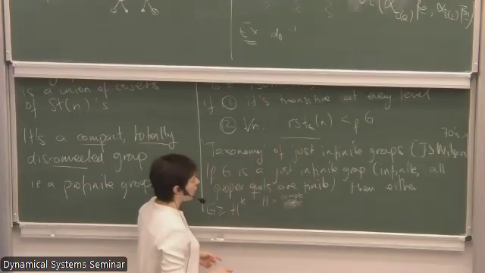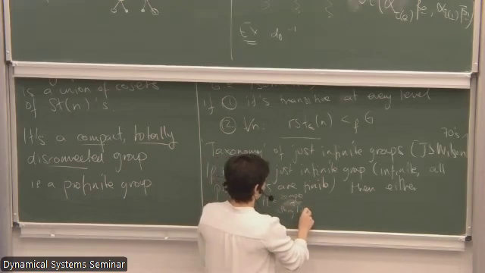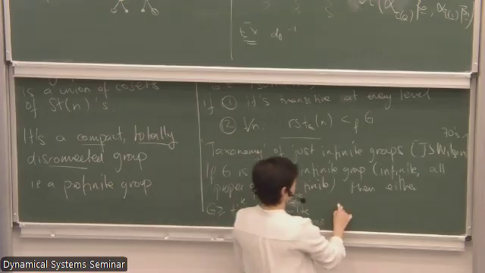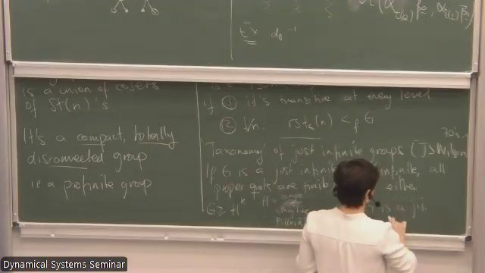Simple, Z, or something like PSL_n(Z) for n at least 3. Or G is a just infinite branch group.